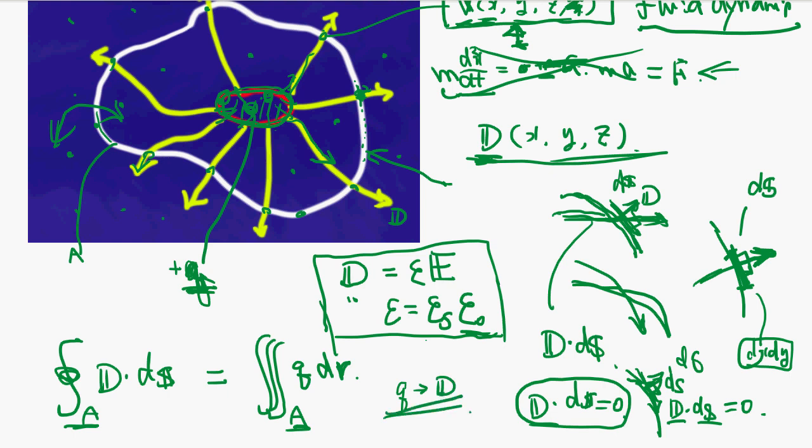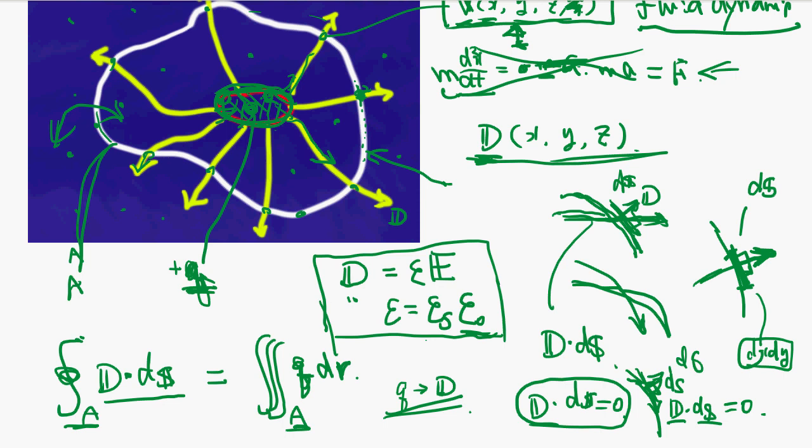So Q generates the D, this charge density, you volume-integrate this entire amount of Q. That will be the same as the total flux coming out from this enclosed boundary, which is D dot dS.